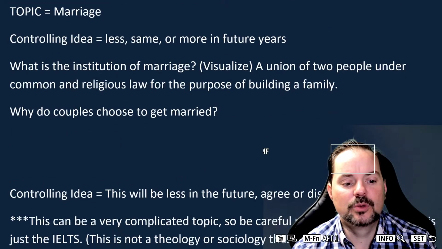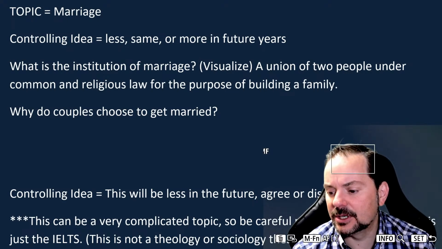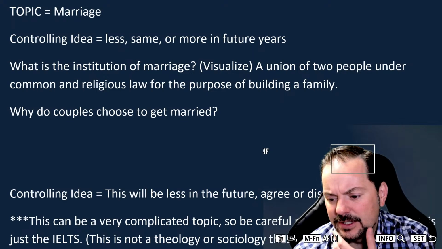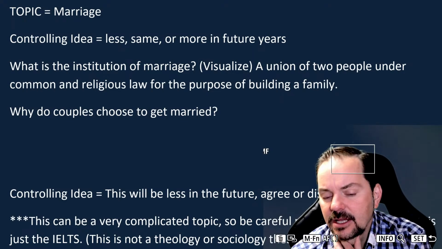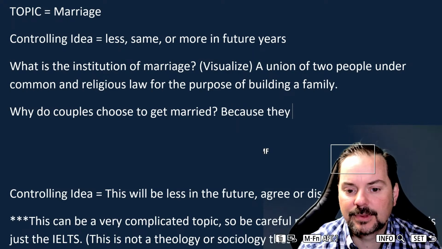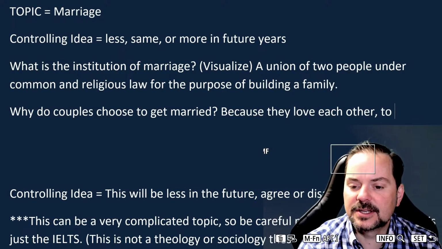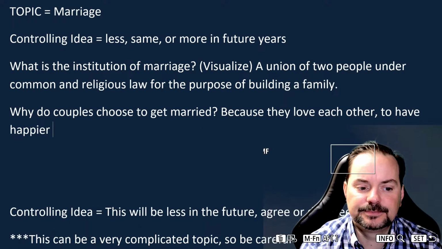So why do couples choose to get married? Anahita says to have happier lives, to have children, to preserve their generation. Okay, but how does marriage actually help with that? Elizabeth says because they love each other. Okay, Anahita says to have happier lives.